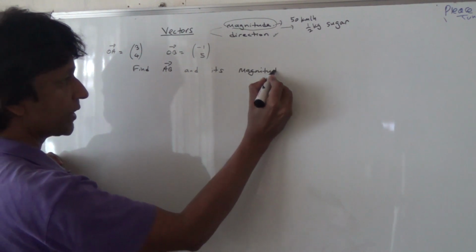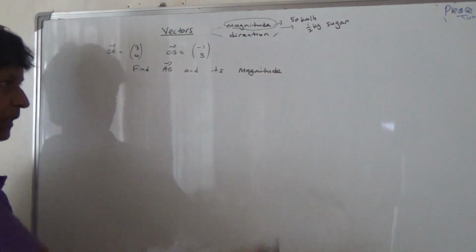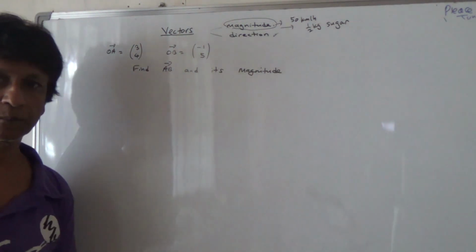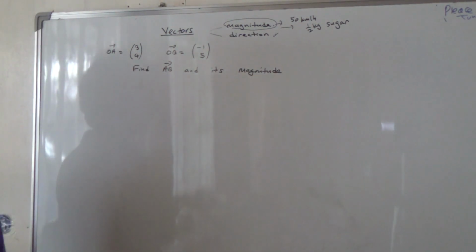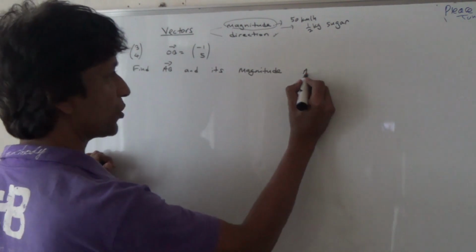When we talk about magnitude, we're saying the length of the vector. We're talking about the magnitude of AB.